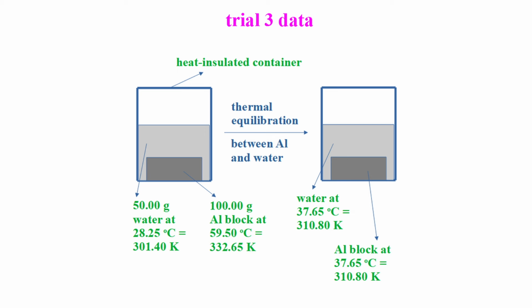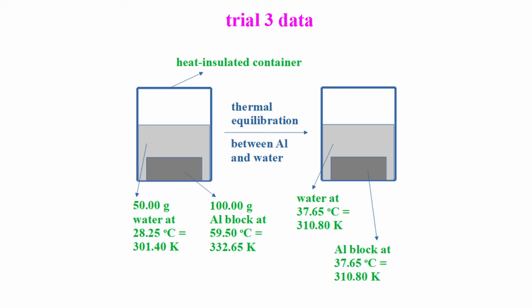In trial 3, aluminum is hot at an initial temperature of 59.50 degrees Celsius, equal to 332.65 Kelvin, and water is cold at an initial temperature of 28.25 degrees Celsius, equal to 301.40 Kelvin.